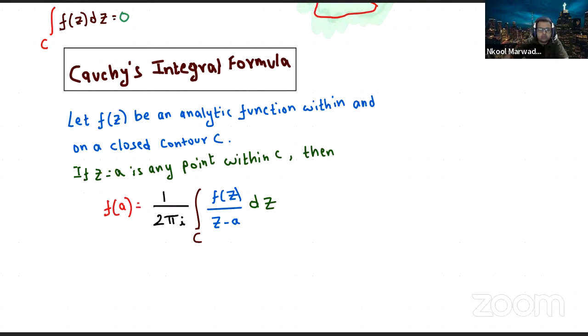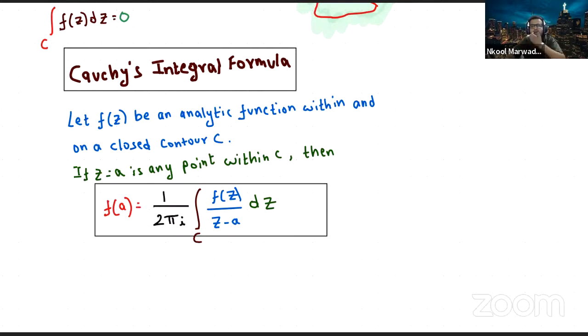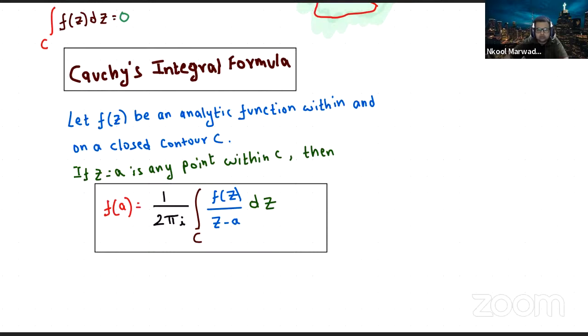So this is a very important formula. We have to remember it. With this formula, we can see how the value of the function at any point can be determined using the contour integral of that function divided by z minus a. So this relation is very important for us.